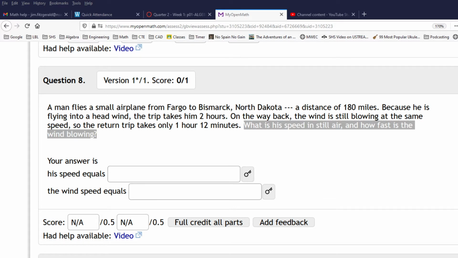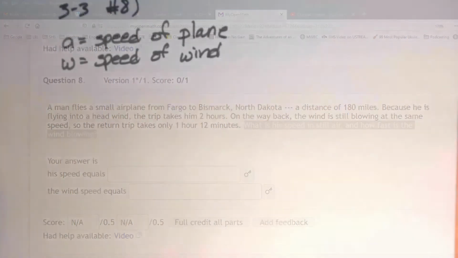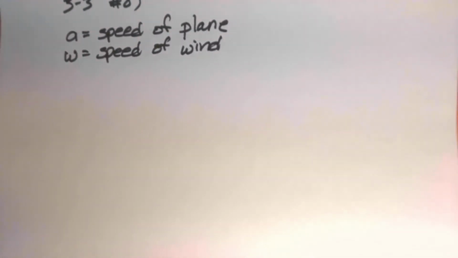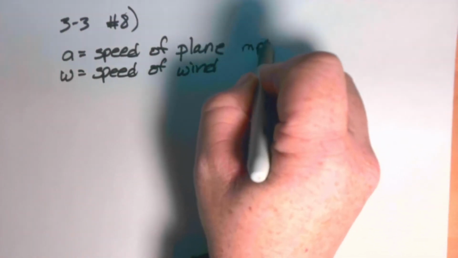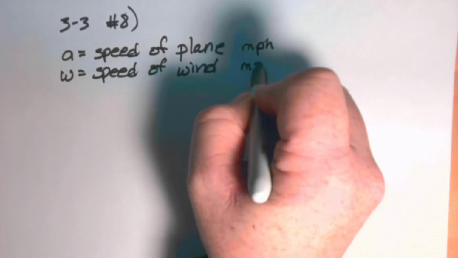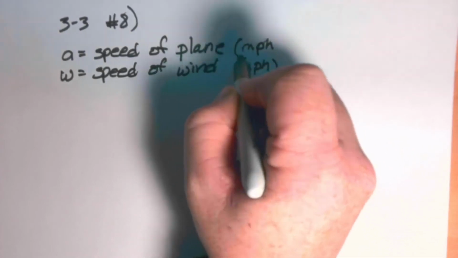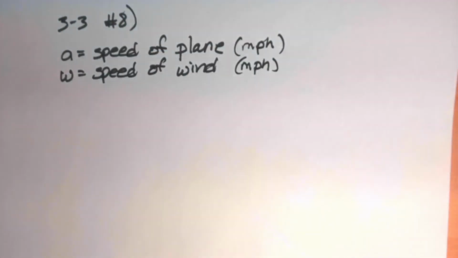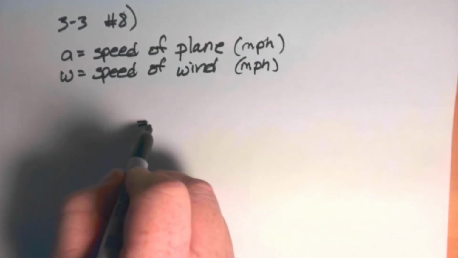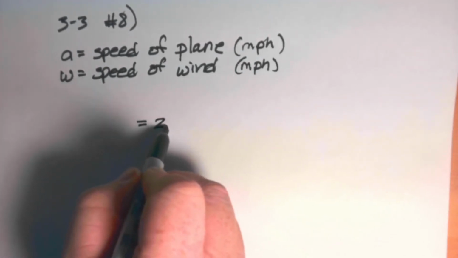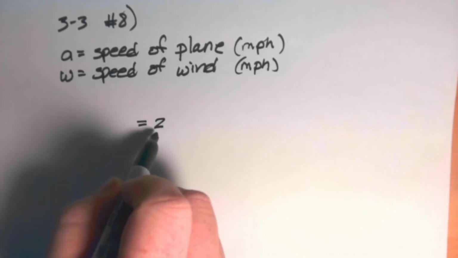So if we look at our equation here, we're talking about miles per hour. That's the speeds, okay? And we know that it takes him 2 hours to go there.